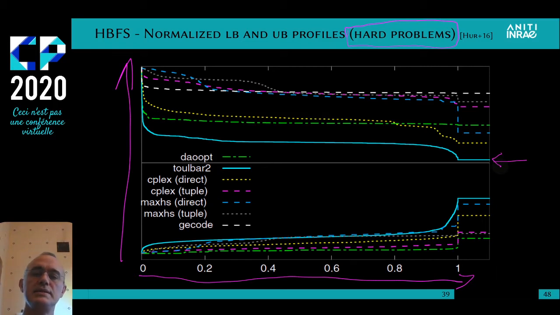And you can see that Toolbar 2 behaves quite well. You can also see that here MaxHS for MaxSAT produces nice lower bounds, and that Cplex is better, which is surprising, with the direct encoding than with the tuple encoding, which is the local polytope encoding.